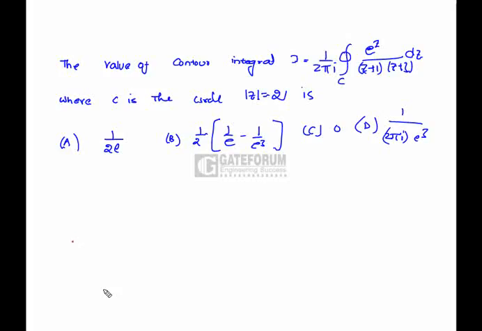We need to find out the value of I. Here we have to integrate over the contour given by mod z equals 2. Within the contour given by mod z equals 2, there is only one pole, that is z plus 1. We need to calculate the residue at that point.